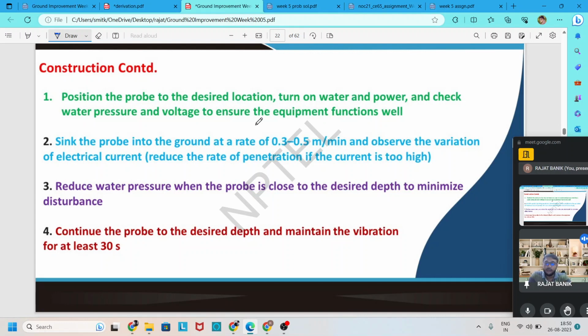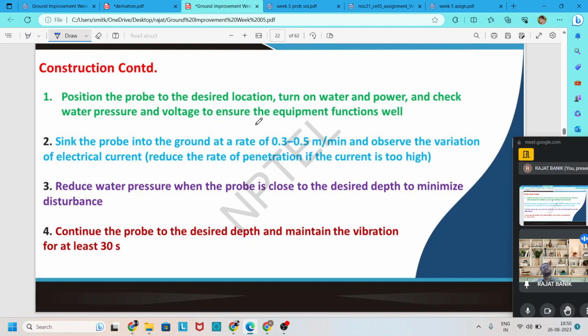In the second point, it is discussed that we sink the probe into the ground at a rate of 0.3 to 0.5 meter per minute and observe the variation of electric current. Reduce the rate of penetration if the current is too high, and reduce the water pressure when the probe is close to the desired depth to minimize the disturbance. Continue the probe to the desired depth and maintain the vibration for at least 30 seconds.